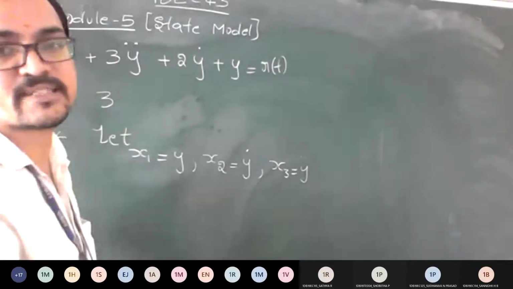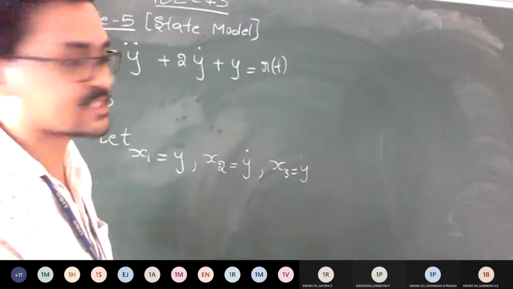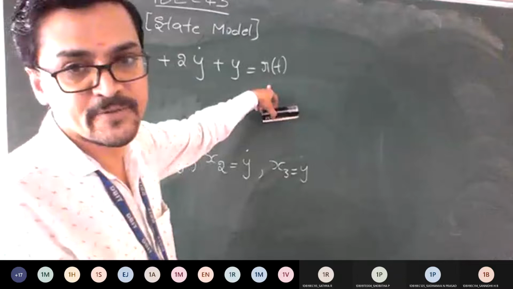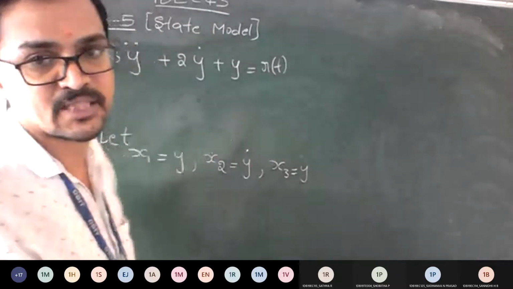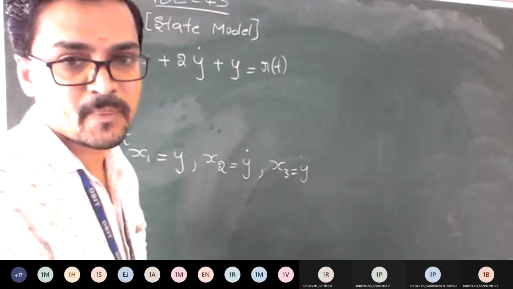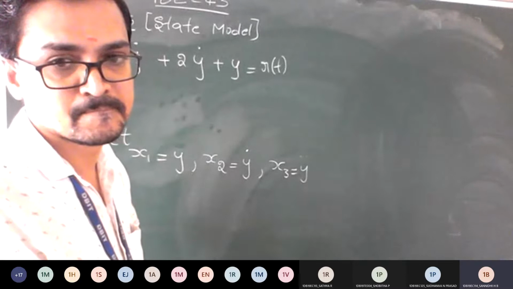So x1, x2, x3 represent the state variables for which I need to find the equations. The output y is mentioned here, and instead of u of t they have given r of t. That's all. Is it okay till here? Shall we proceed? Yes, sir.